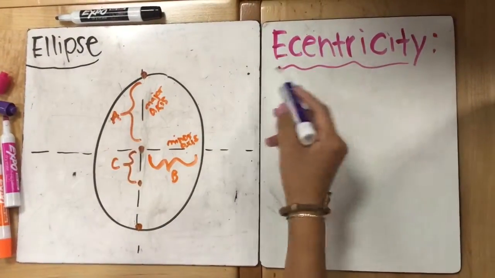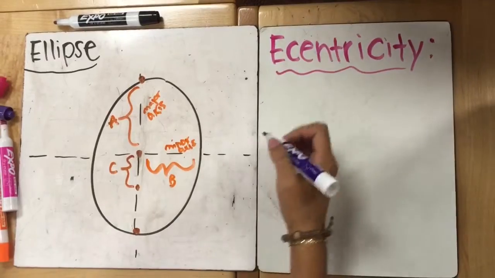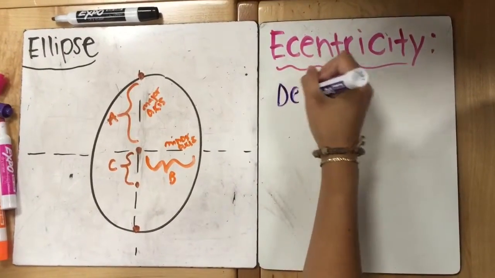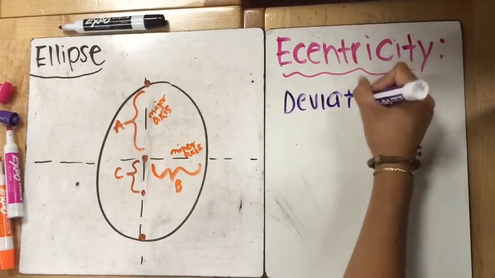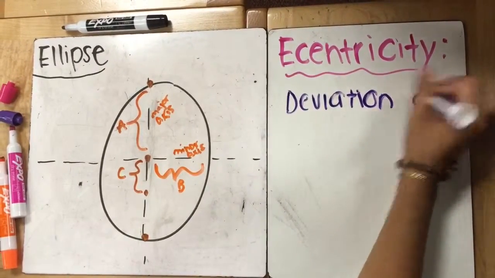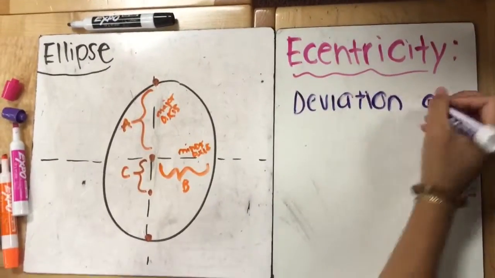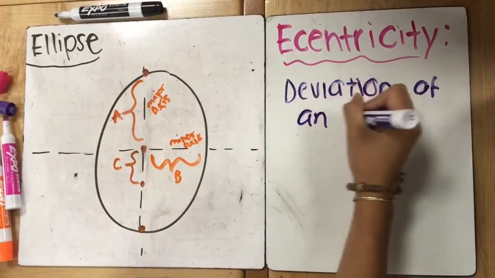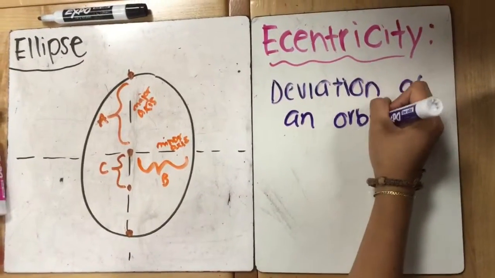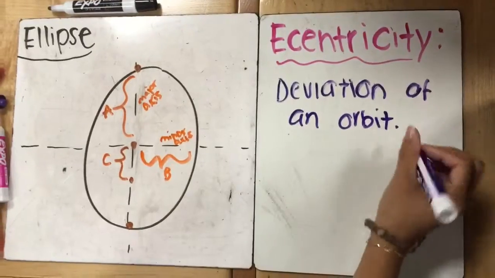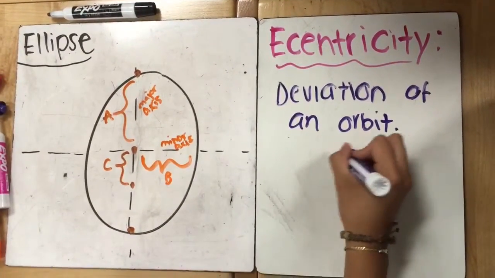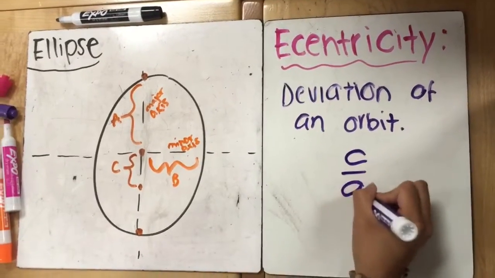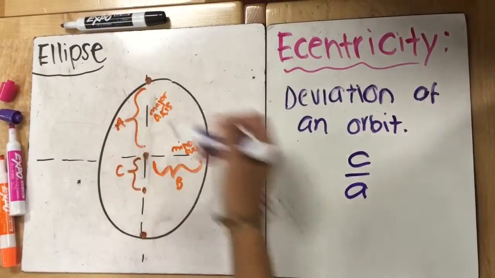Another thing we can find is the eccentricity of an ellipse, which means the deviation of an orbit, our ellipse being our orbit. To find this, we just do c over a, so c divided by a, and that's how we find our eccentricity.